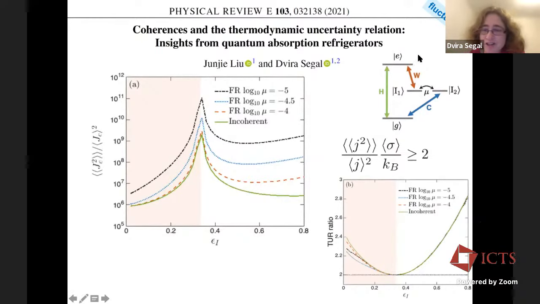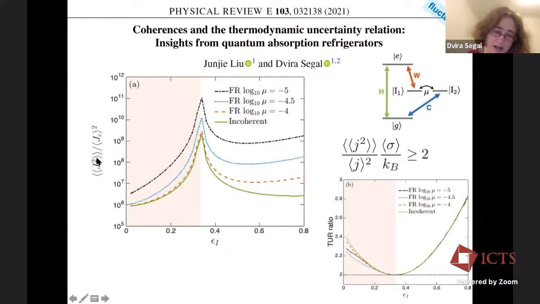So I'm sorry that I changed the notations here, because it was a different student and they had a different notation; instead of G, they used mu. But if we just focus on 2 lines, the green one, which is this secular incoherent limit, and the dark line, which is what happens when this G or mu is small, such that actually I do have coherences in the steady state limit.